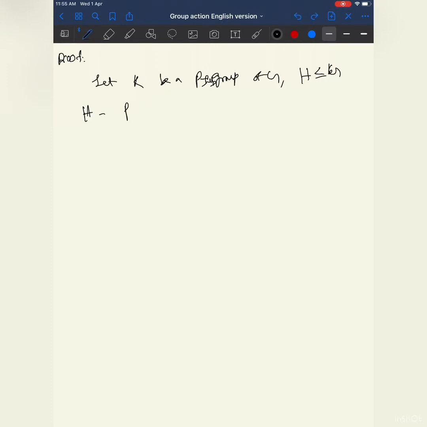Sylow p or p-Sylow, everything is the same. I want to prove it in this way. I am saying there exists g belonging to G such that K is sitting inside gHg inverse. In this way I prove both statements.